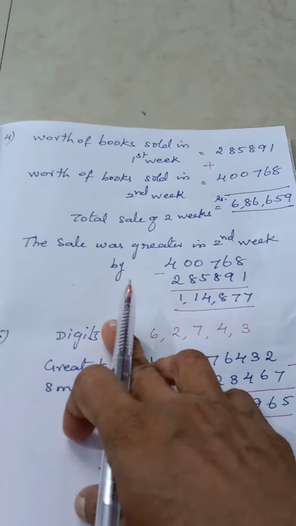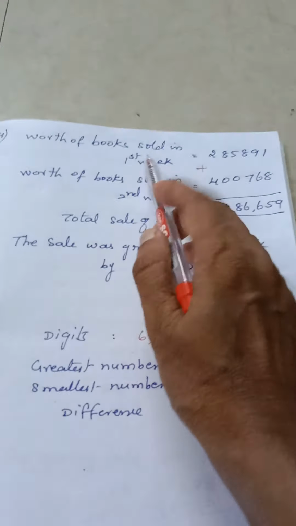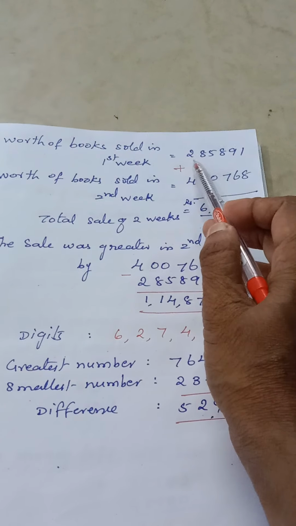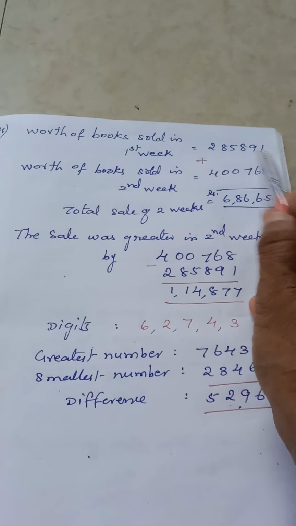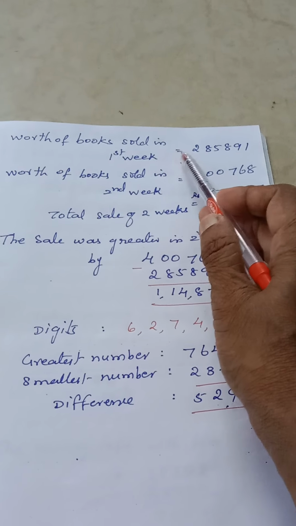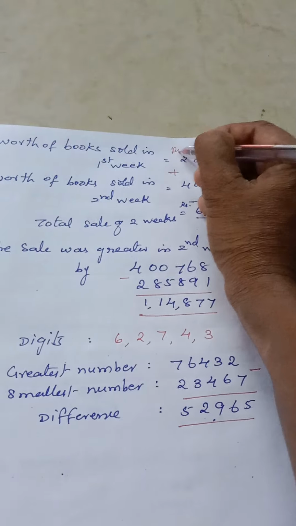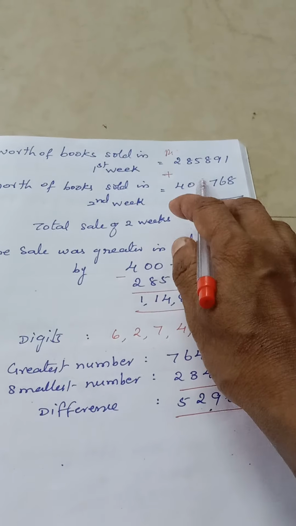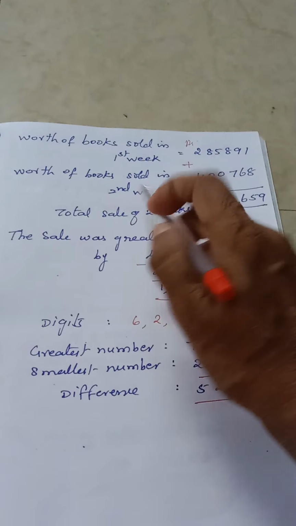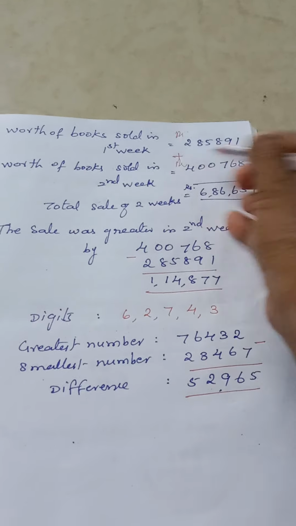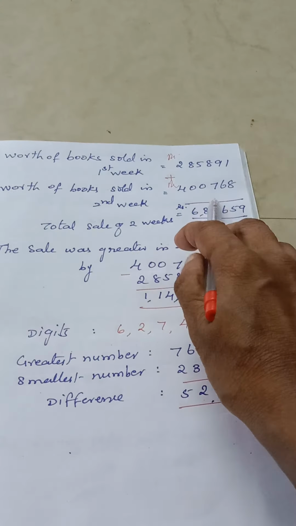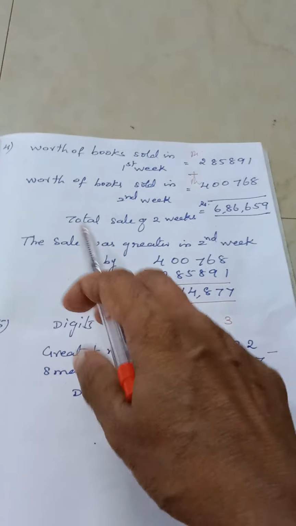So in Kirti bookstore, in the first week they sold books worth rupees 2,85,891, and in the second week they sold books worth rupees 4,768,000.